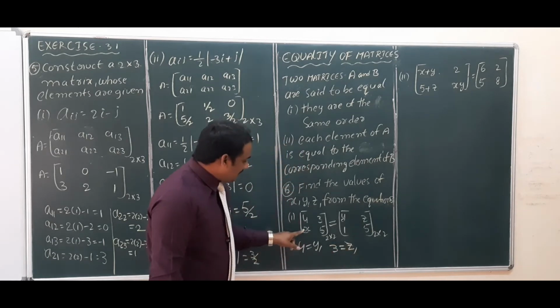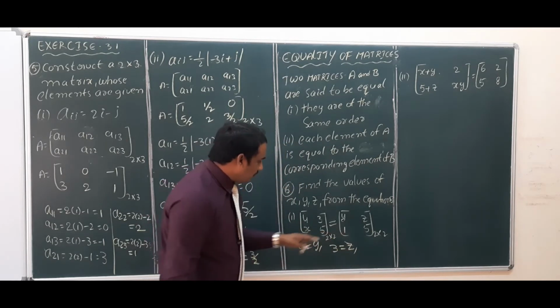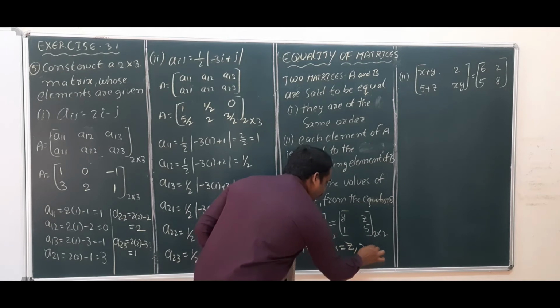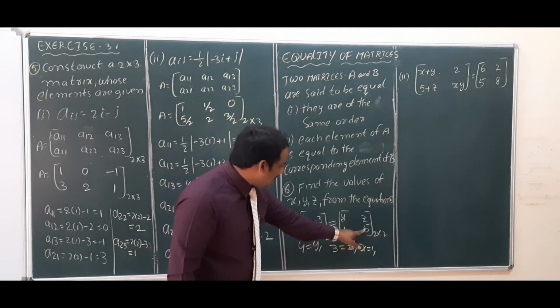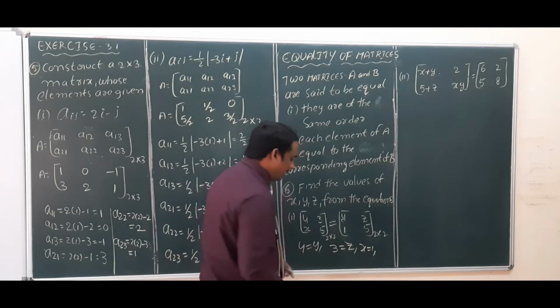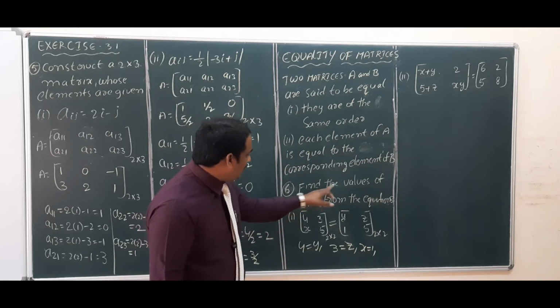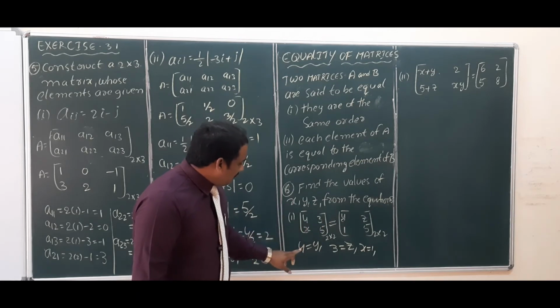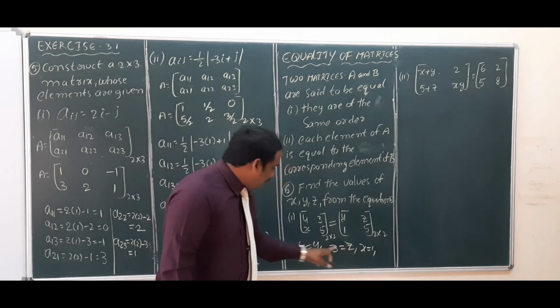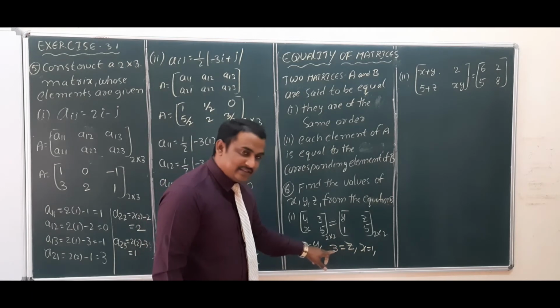Next one, A21 is x here, A21 is 1 here. x equal to 1. Next one, A22 value is 5, here also A22 value is 5. Here no need of writing. Here they are asking only to find the values of x, y, z from the equation. So x value 1, y value 4, z value is 3.